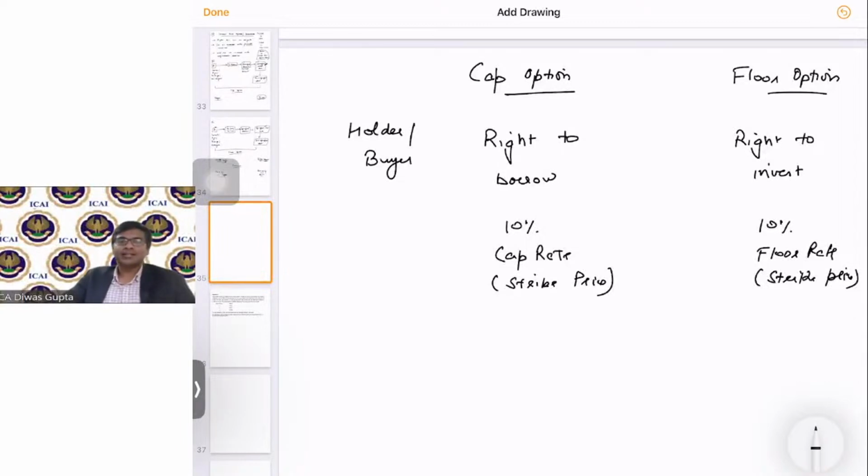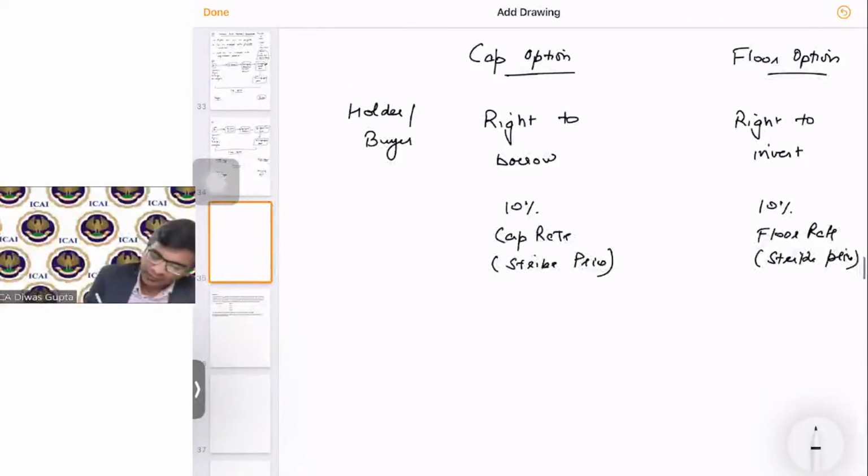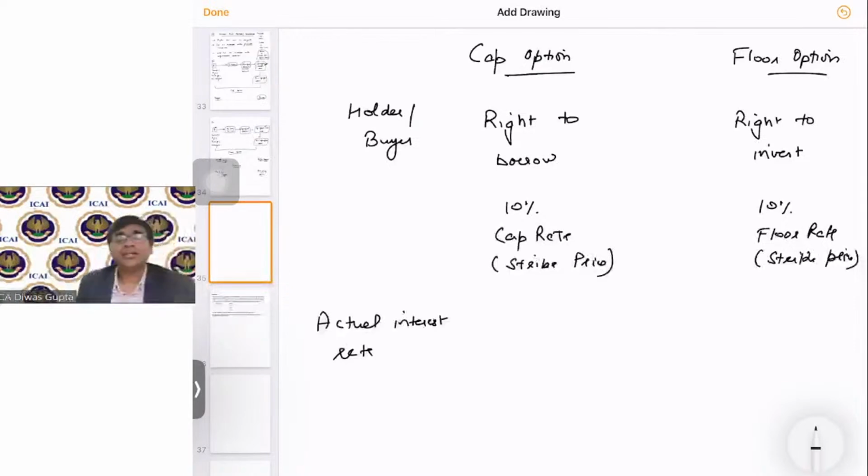So I'm assuming some numbers so that we can understand it better. Now, the actual interest rate on the interest reset date, or let's say on that specified date, whatever is specified in the options contract, turns out to be 12%.